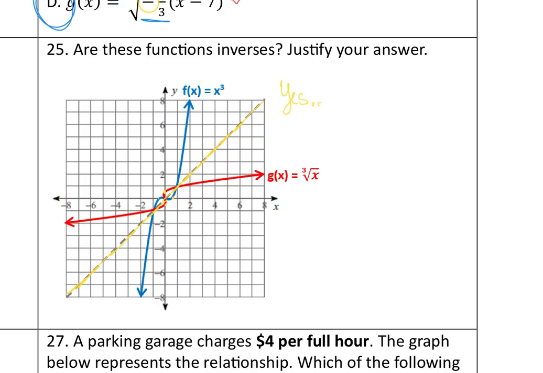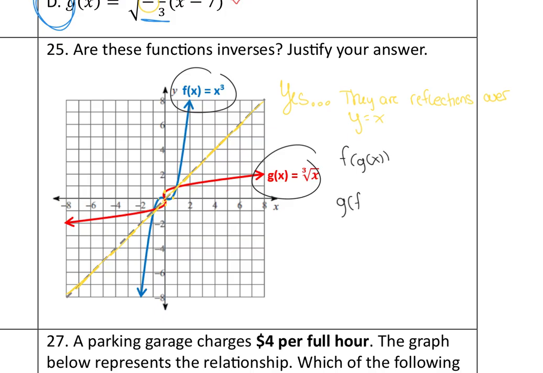And it says justify your answer. So one justification: they are reflections over y equals x. Another way is algebra. I mean, they gave you the two functions, so I can do f of g of x and g of f of x.